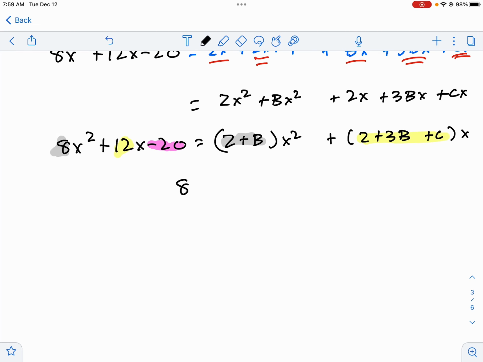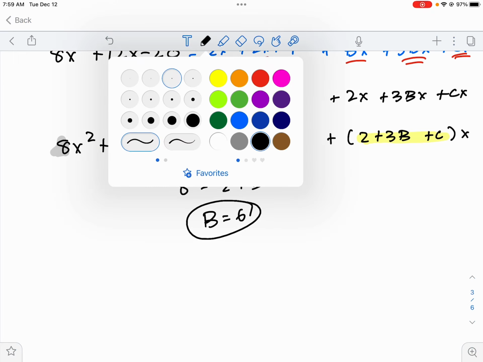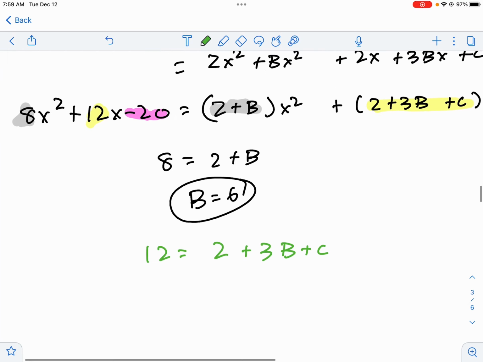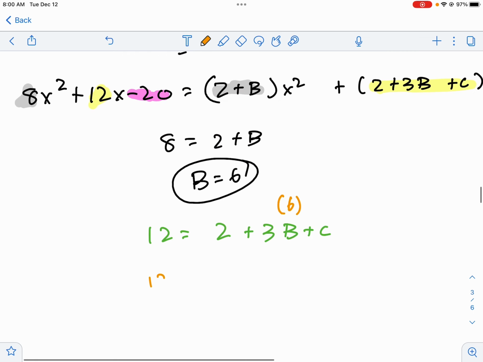So if 8 is equal to 2 plus b, therefore b is equal to 6. I have 12 is equal to 2 plus 3b plus c, but I know that b is 6. So I have 12 is equal to 2 plus 18 plus c.